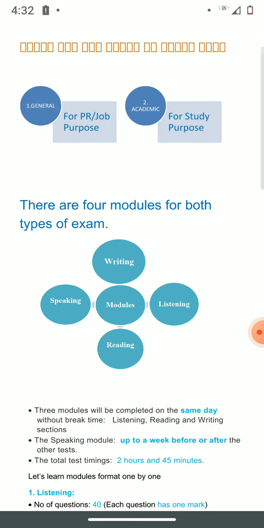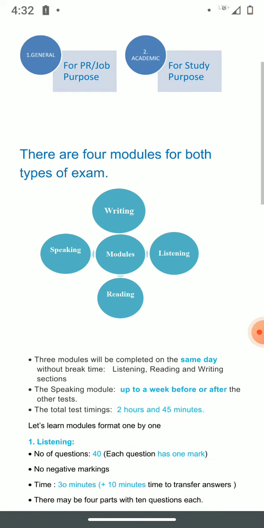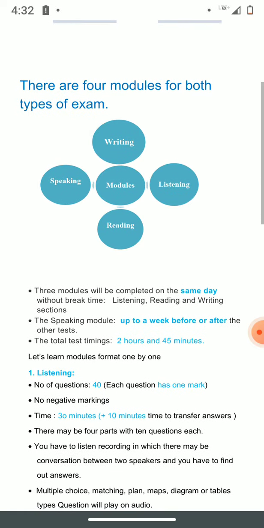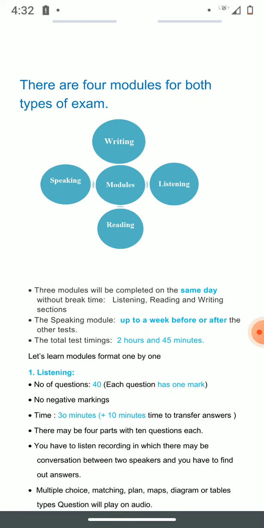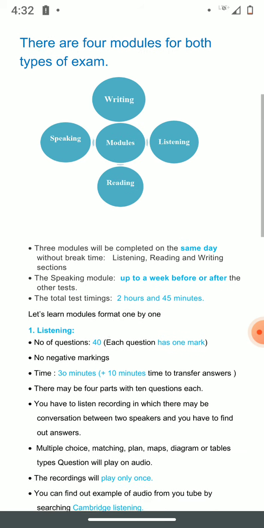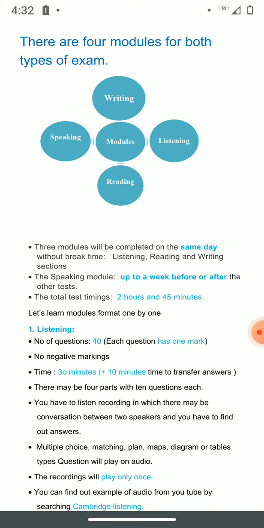There are 4 modules for both types of exam: writing, listening, reading and speaking. 3 modules will be completed on the same day without a break, that is the listening, reading and writing sections. The exam is conducted by 2 councils, one is IDP, another one is British Council.